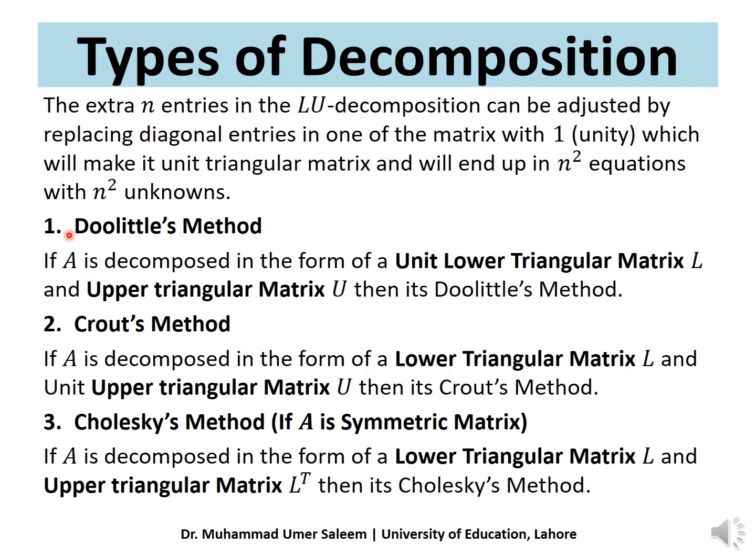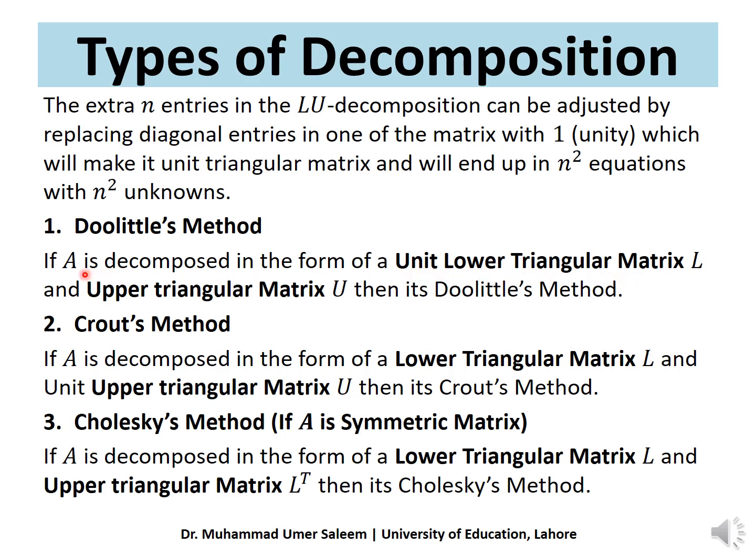So there are different types of decomposition methods, but here we will consider only 3 main types. Doolittle method. If we replace the diagonal entries in the lower triangular matrix with unity, we'll call it a unit lower triangular matrix.